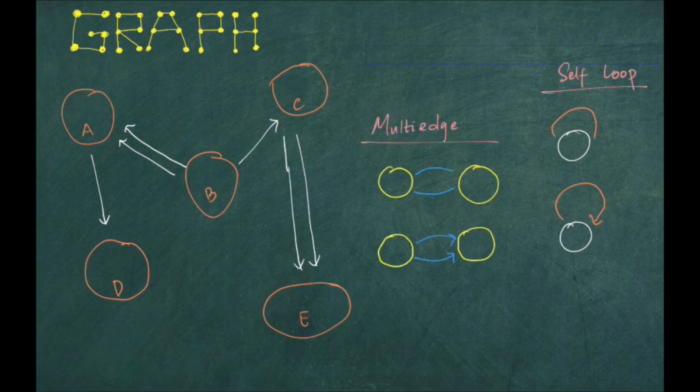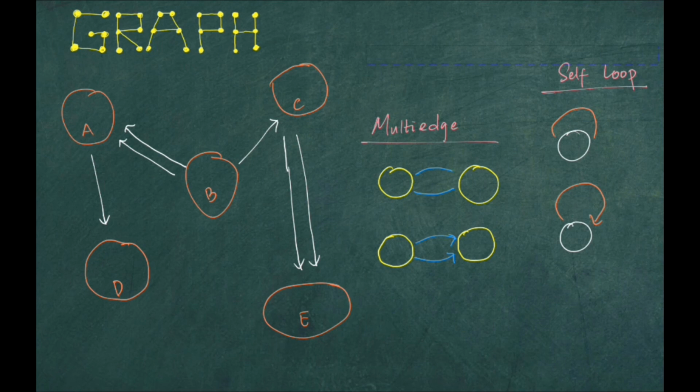Now the next special type of edge that I want to talk about is the multi-edge. An edge is called a multi-edge or parallel edge if it occurs more than once in a graph. Once again, we can have a multi-edge in both directed and undirected graphs. Now, why would we have a multi-edge?